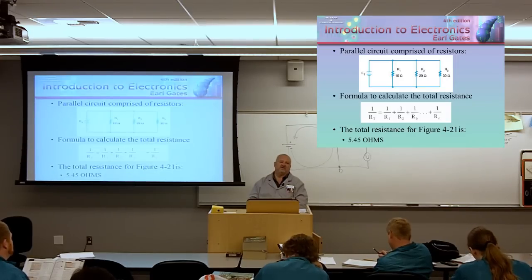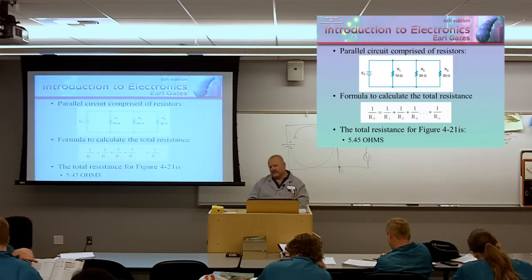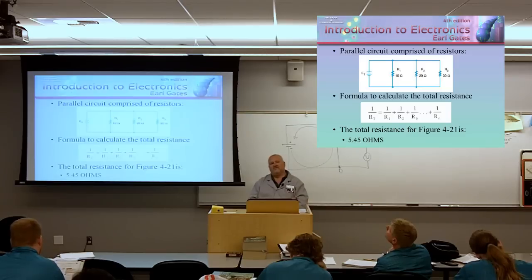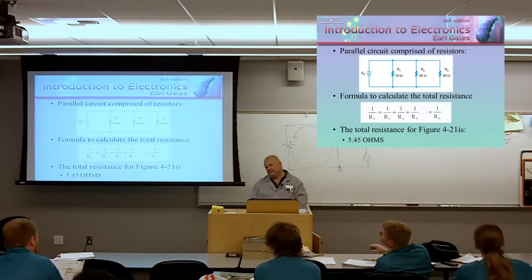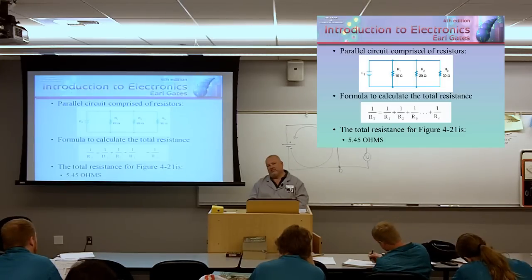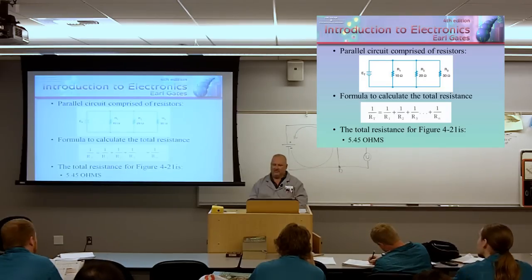So the total resistance of a parallel network will always be less than the value of least resistance. And your assumption is correct. In this circuit, it's got to be less than 10 ohms. The other thumb rule that I'm going to give you is if the values of resistance are all equal, you simply count up the number of resistors, take the resistance, and divide it by that number.